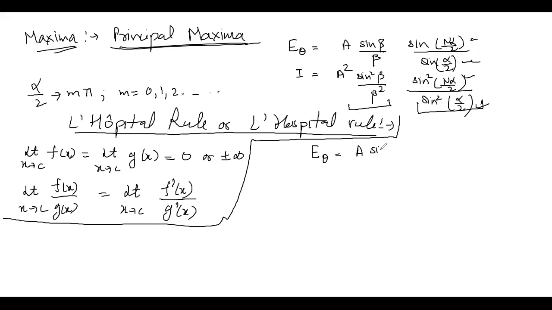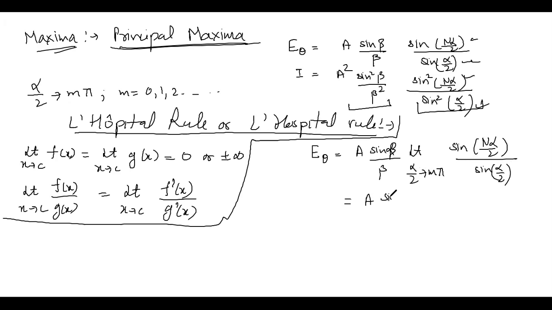by this number, sine beta over beta, limit alpha by 2 tends to m pi, sine n alpha by 2 over sine alpha by 2 is going to be equal to A sine beta over beta, right?